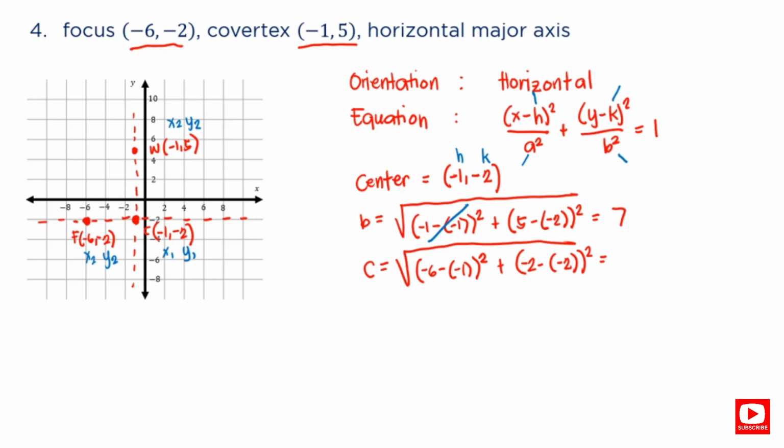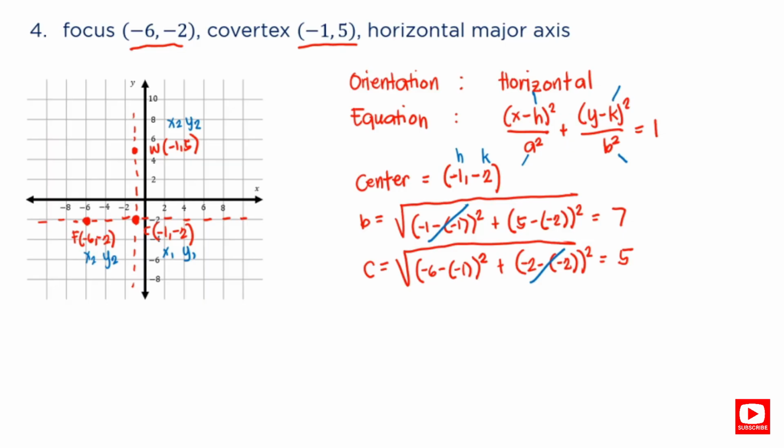So we have -2 minus -2, this is 0. -6 minus -1 is -5. Quantity raised to 2, 25. Square root of 25 is 5. So we have c equal to 5.